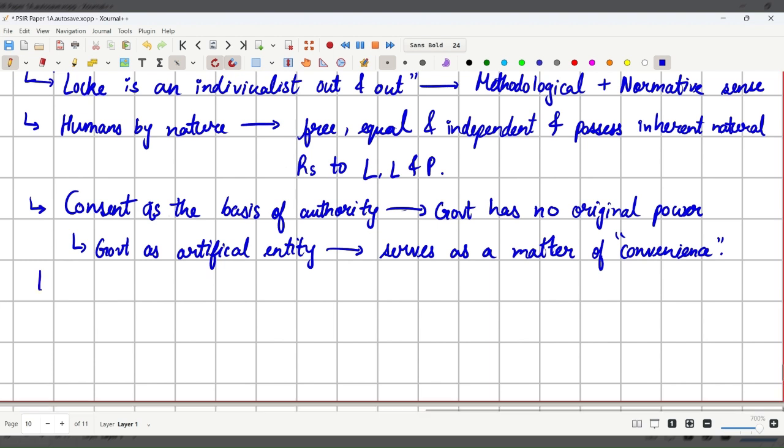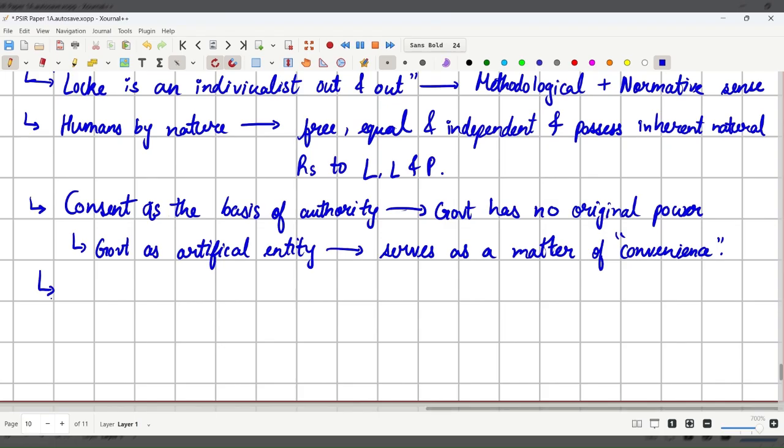So government is an artificial entity which serves as a matter of convenience, because there are inconveniences in the state of nature, like there is no common authority, there is no one to interpret, and no one to adjudicate the natural law.